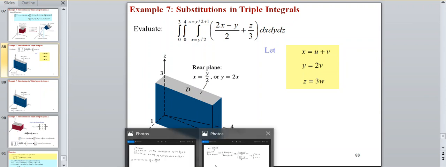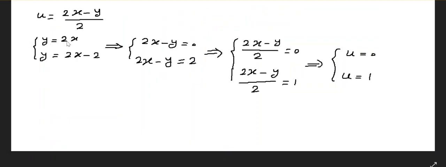These two are equivalent to saying that 2x minus y equals 0 and 2x minus y equals 2. Now let me divide both sides by 2. So we have 2x minus y divided by 2 equals 0, and 2x minus y divided by 2 equals 1. But what is this 2x minus y divided by 2? It is u.